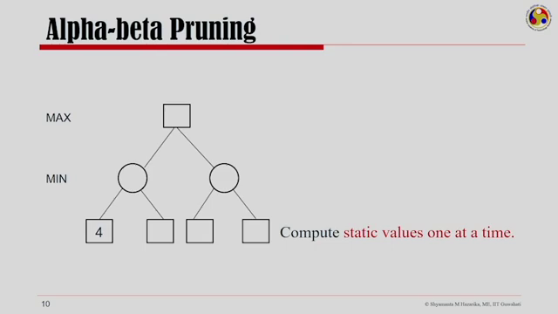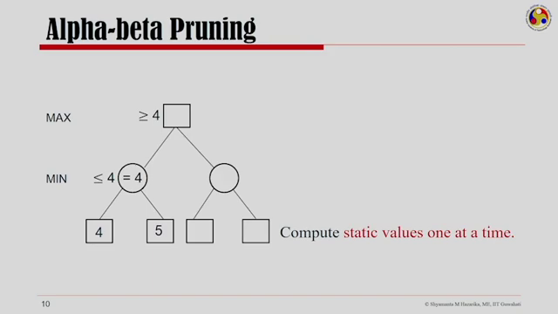Now immediately we realize that one level up, at the min node, any value he would be looking for would be less than or equal to 4. We then compute the next value and realize that this value is 5, and therefore min can stay with 4.